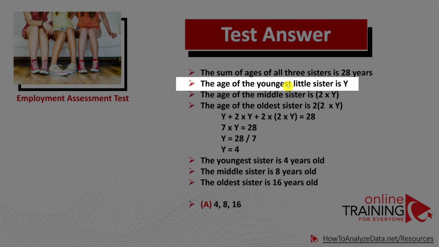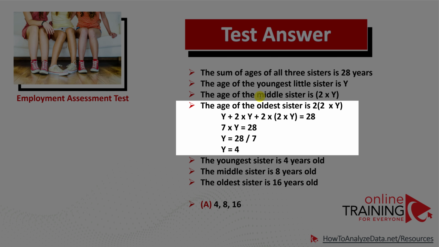If the youngest little sister's age is y, then the age of the middle sister would be 2 multiplied by y, and the age of the oldest sister would be 4 multiplied by y, which is 2 by 2 by y. So the total formula to get to 28 would be y plus 2y plus 4y equals 28. So 7 multiplied by y equals 28.